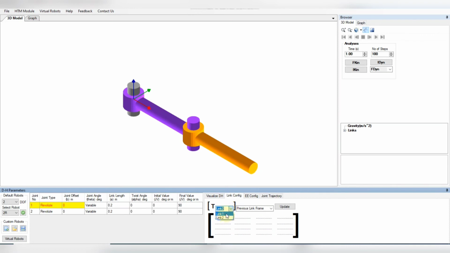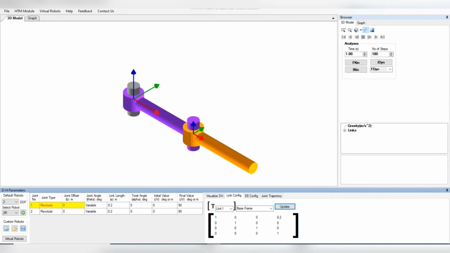I have selected the base frame here. Now if I click on update, I'll get a matrix. This is the transformation matrix of link 1 with respect to the base frame. You can visualize this: 1 0 0, 0 1 0, 0 0 1.